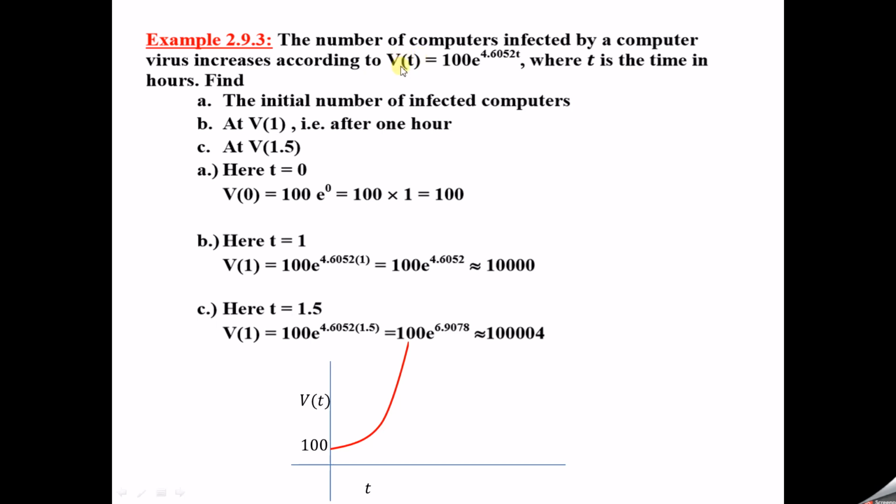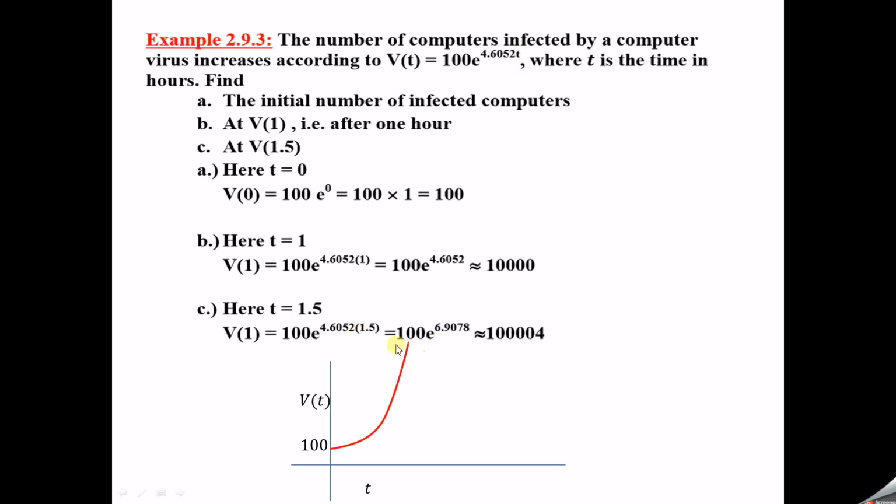V(1.5) equals 100 times e power 4.6052 times 1.5. Simply in place of t, we are putting 1.5.